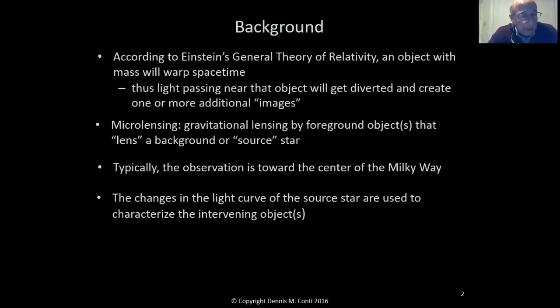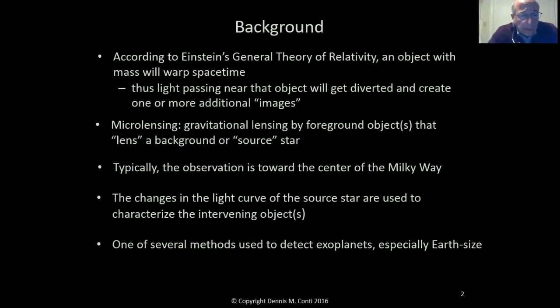So imagine a star in the middle of the Milky Way galaxy, and halfway between us and it is another star system that moves between us. All of a sudden, the light of that background star is going to increase. That's the whole principle of microlensing, and we're going to go into more detail about this in a second.